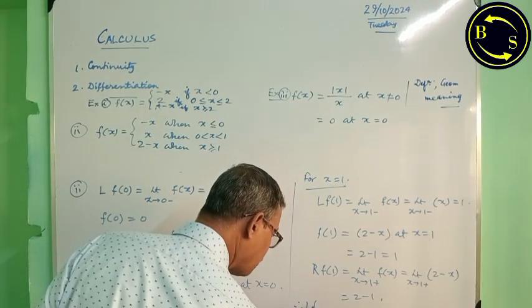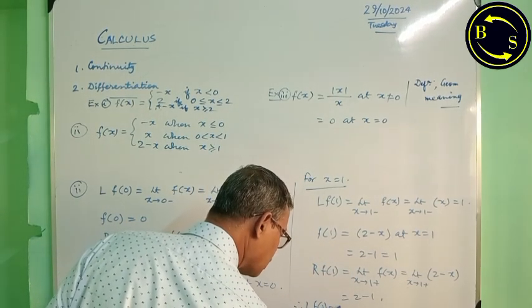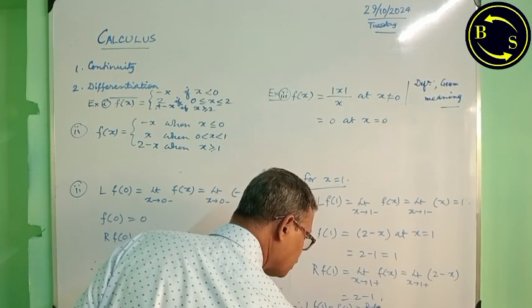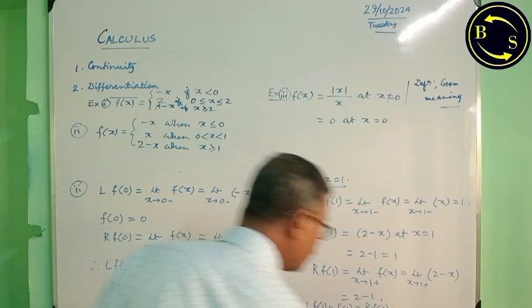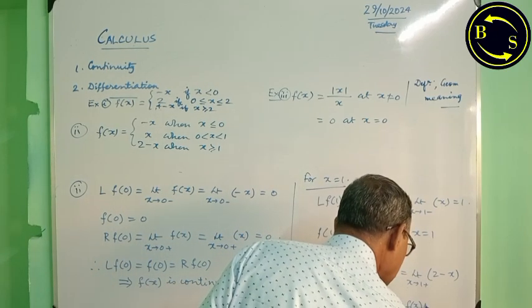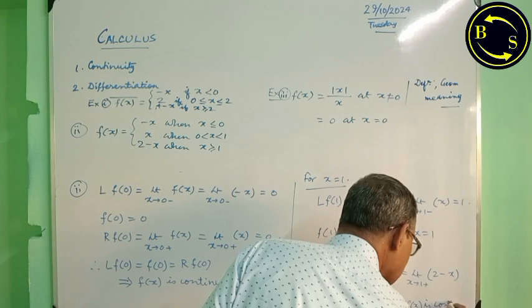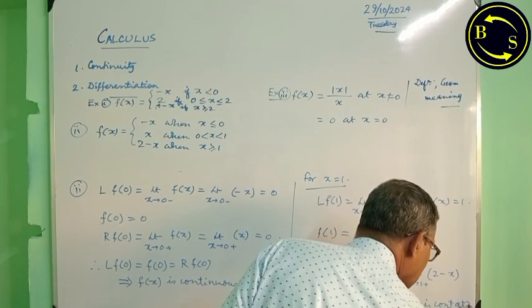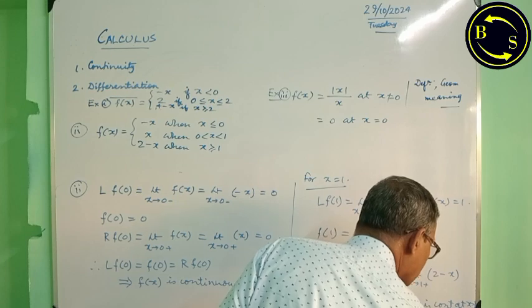Therefore, LF1 is equal to F1 equal to RF1. That means f(x) is continuous at x equal to 1.